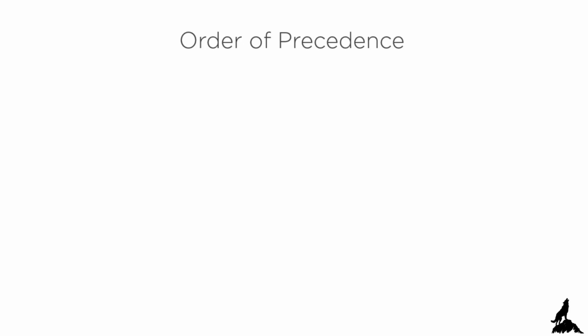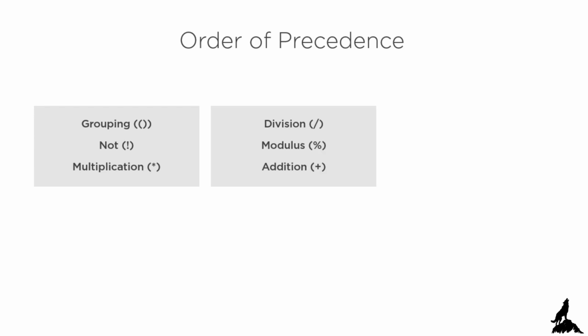We have one more thing to talk about when we're talking about all the different operators, and that's order of precedence. So which order things get evaluated in when you have a big, long, complicated expression. Well, obviously grouping first, so you can group things by using parentheses, then not, then multiplication, then division, then modulus, then addition, then subtraction.